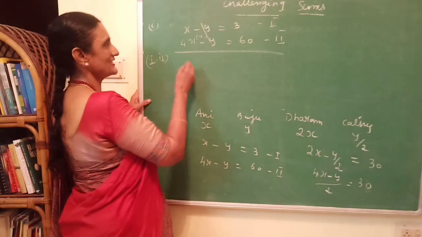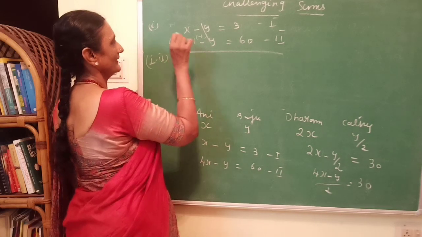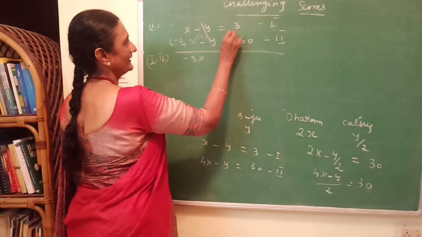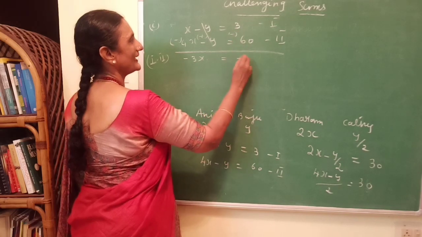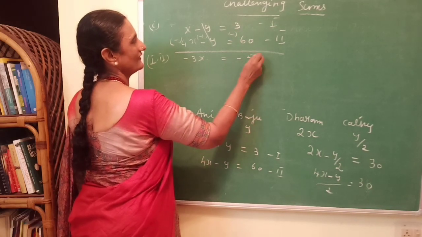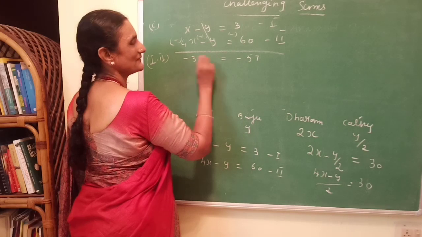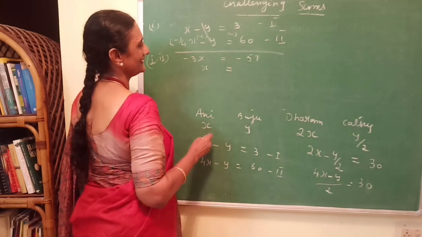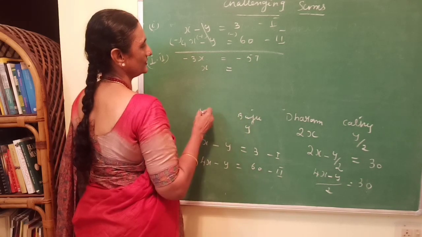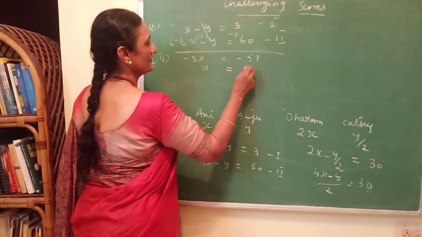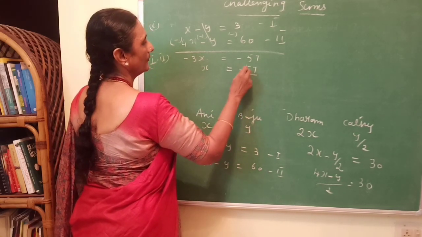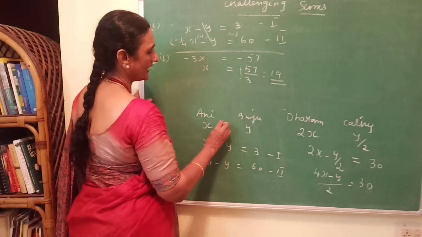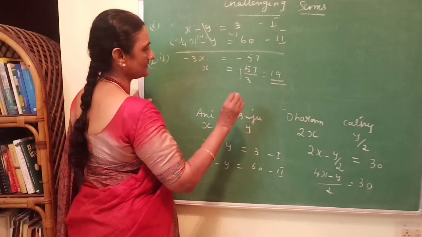So with the sign changing, this becomes 3x minus 3x, and then this becomes minus 57. This minus and minus make it positive. You will get x is equal to 19, that is, 57 by 3. Both the negatives will get cancelled. So the age of Ani is 19.